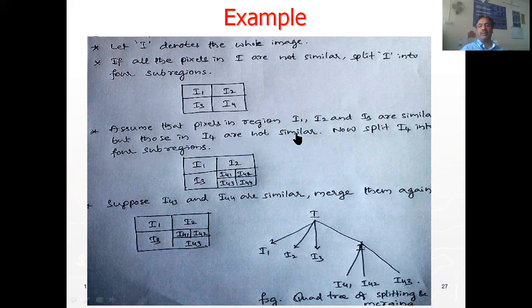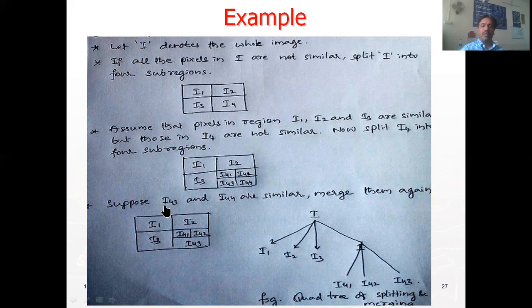Now, I1, I2, I3 are going to form three segments. However, if I4 does not have similarity, that region I4 can be split once again. So you can split this I4 segment again into four divisions called I41, I42, I43, and I44.